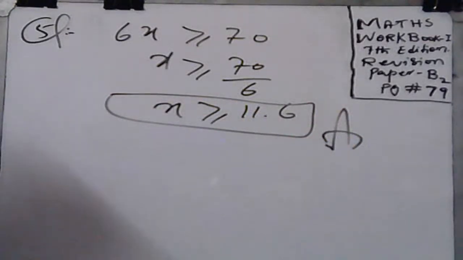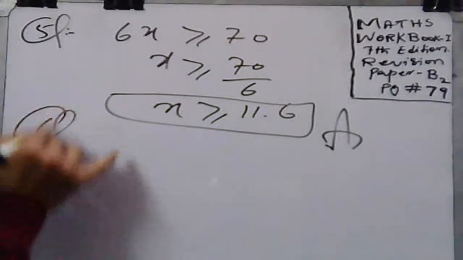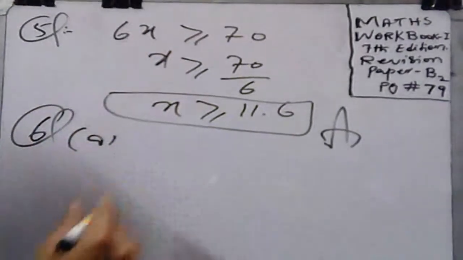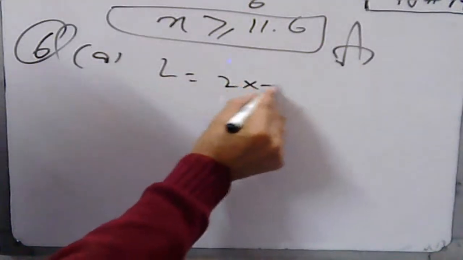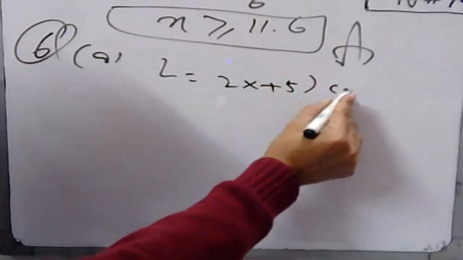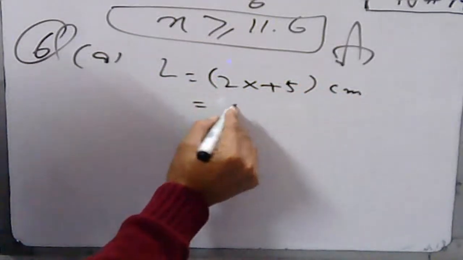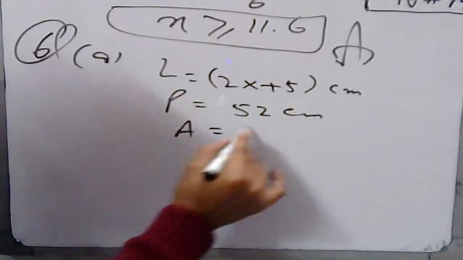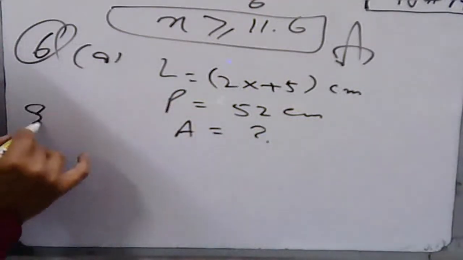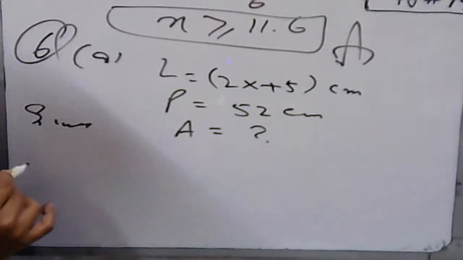So coming to question number 6, that is a part, the length of a square is 2x plus 5 centimeter and its perimeter is 52. Find its area. Okay, if length is equal to 2x plus 5 centimeter and the perimeter is 52 centimeter, find the area. How can we find the area?